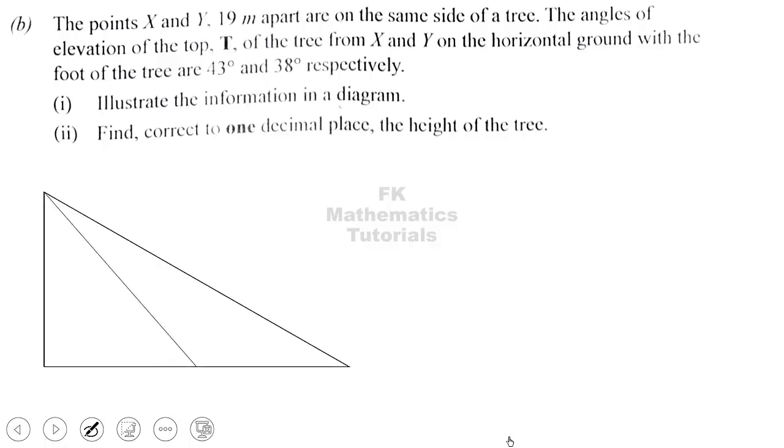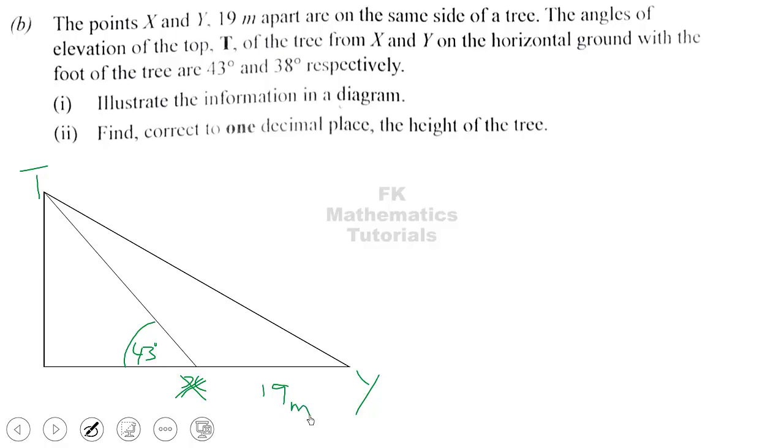So the diagram will be like this. So here is the top of the tree. We have 43 for X. The one which is closer will be bigger. So 43, that is X. So let me use the capital letter X. Then capital letter Y. So the distance between them is 90 meters apart.